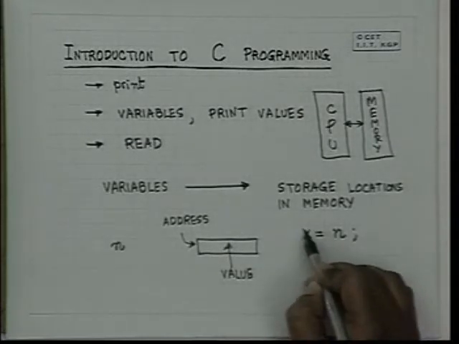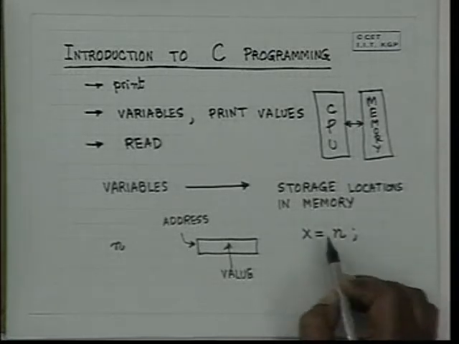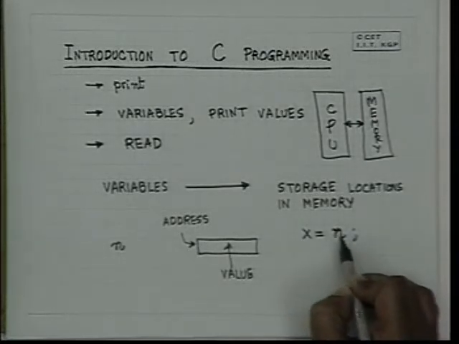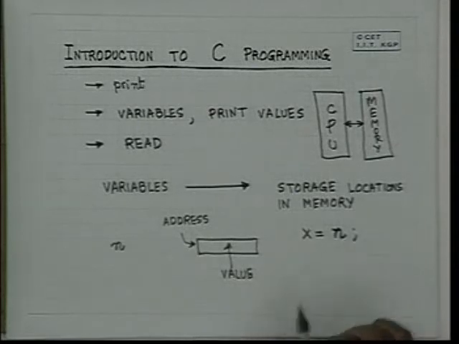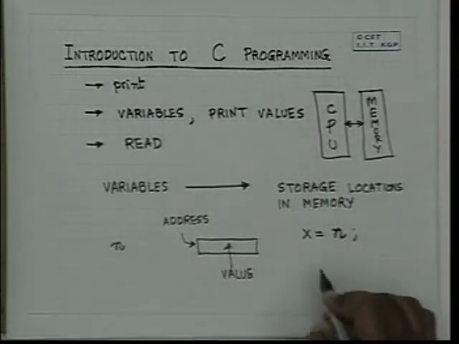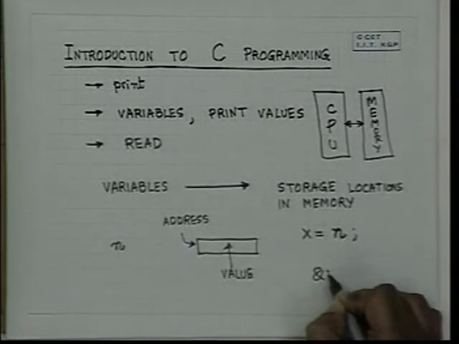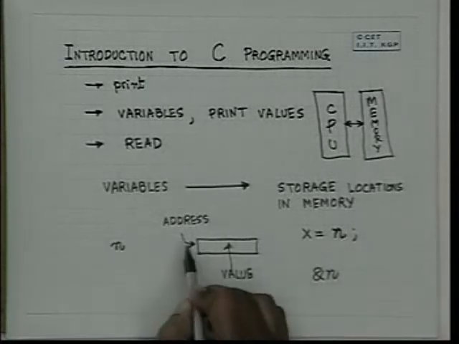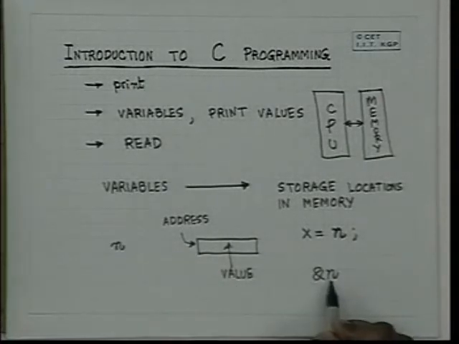So whenever we use a simple variable, we mean the value of the variable. Whenever we write &n, we mean the address location of the variable n. So &n means the address location of any variable n.